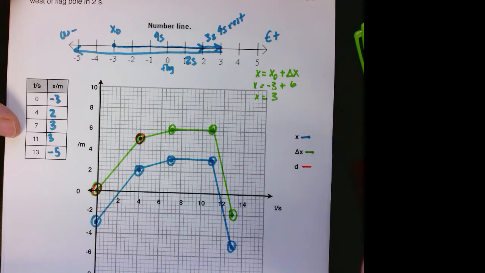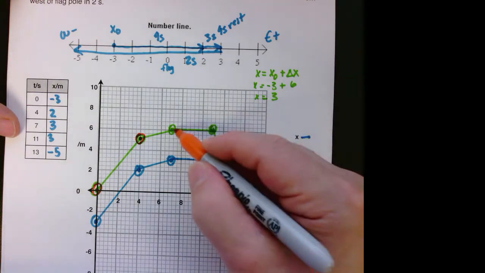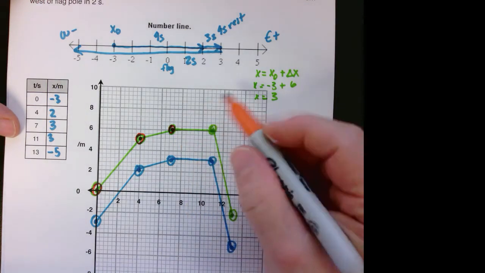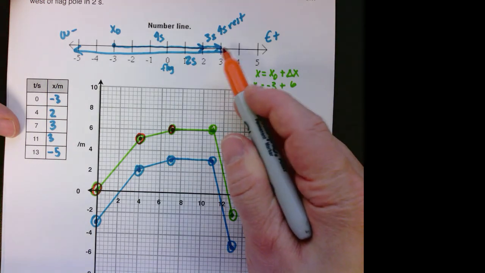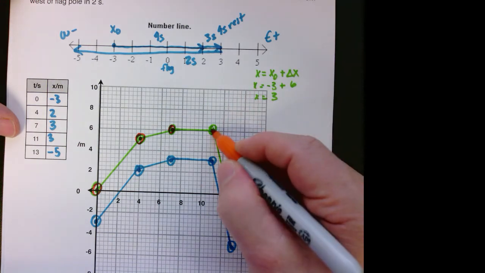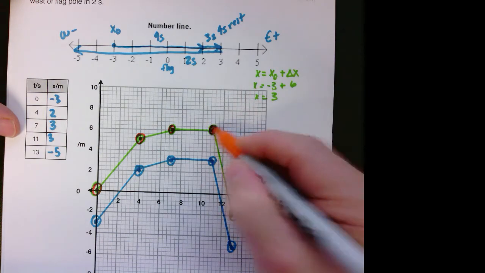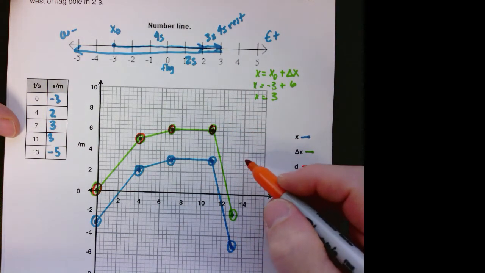They've traveled the same amount. And after 3 more seconds, the distance they've covered is the same. And after 4 more seconds, the distance they've covered remains the same. They're sitting in the same position.